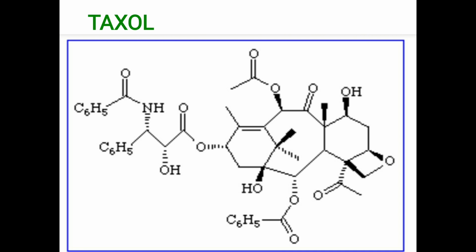Taxol has 47 carbon atoms, but on thermal decomposition it forms only 4 isoprene units.